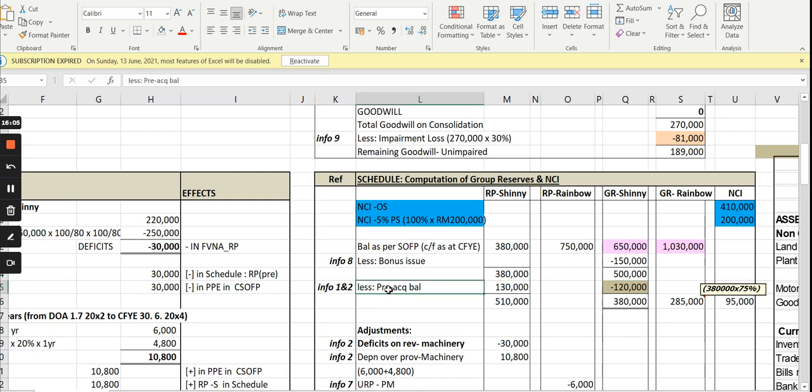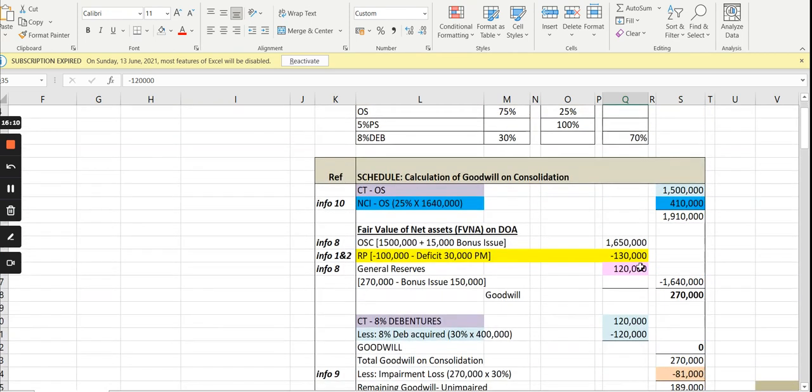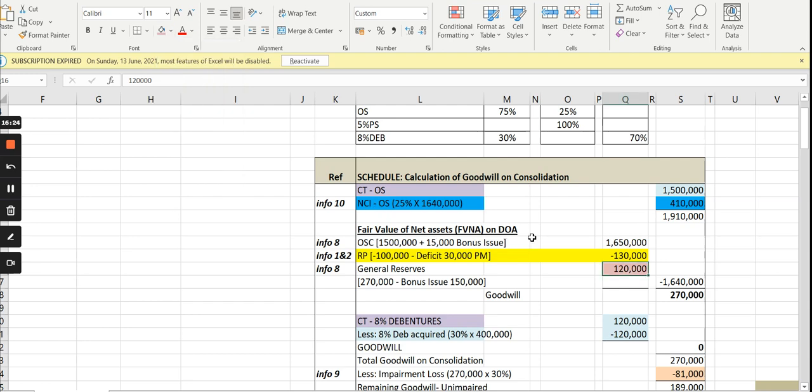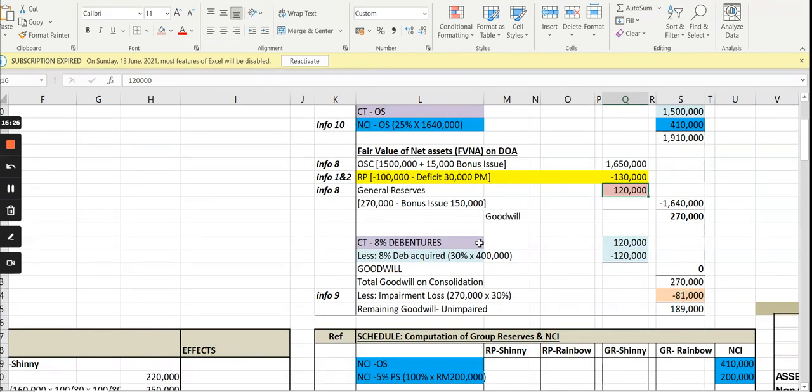The pre-acquisition balance is 120. Refer to this 120, which is the general reserve balance after you have already deducted the bonus issue, this color here.